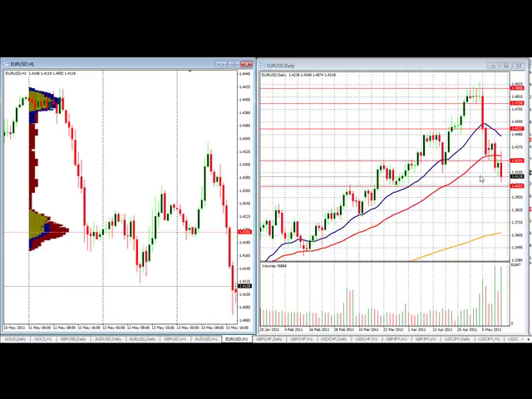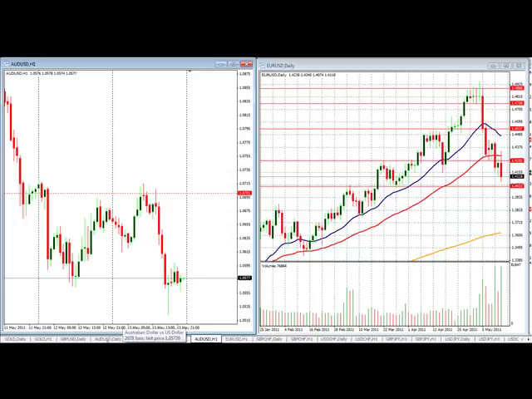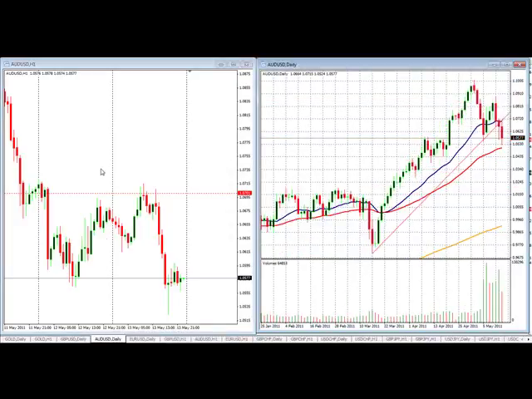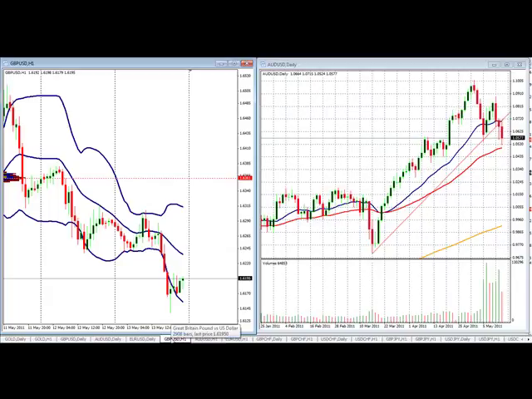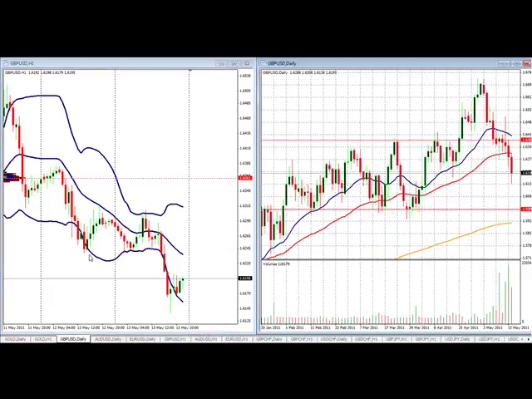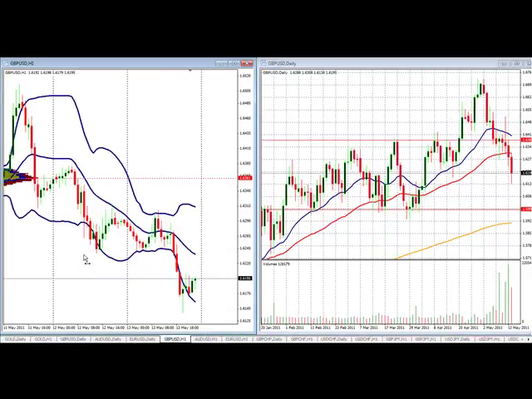Again, what I would focus in on is what's going to happen here at 1.4033. When I switch over with the Aussie, we can see the same thing. Definitely some weakness. Even our hourly are showing us the same thing that our daily did, which is sit on hands until a pattern plays itself out.